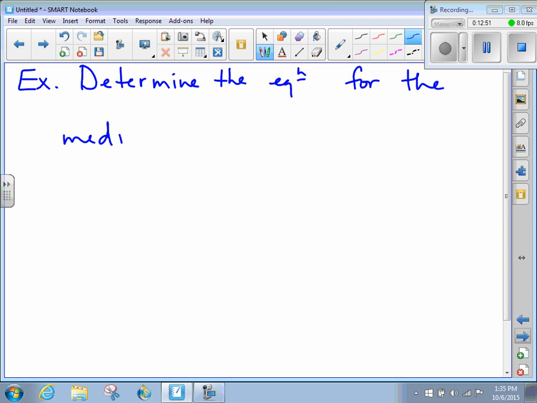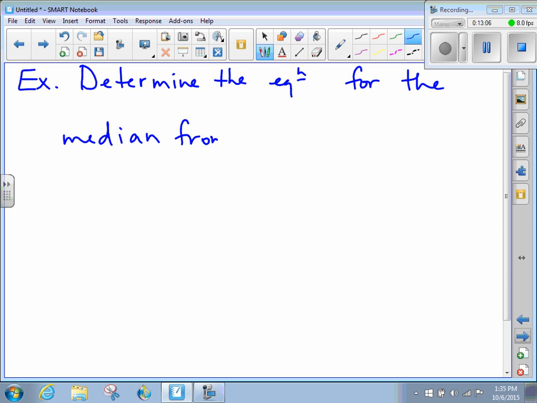I'm purposely leaving some space because we have to dissect this question with the literacy aspect of math. What is it asking us?